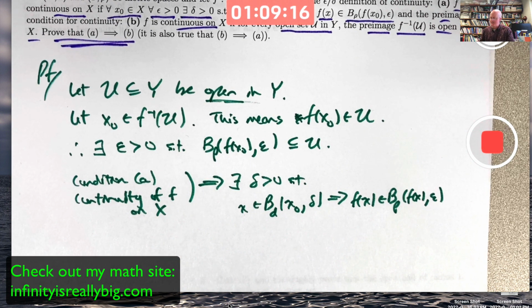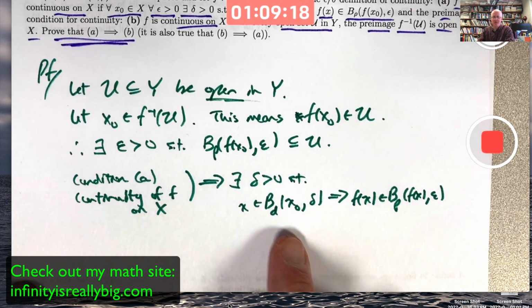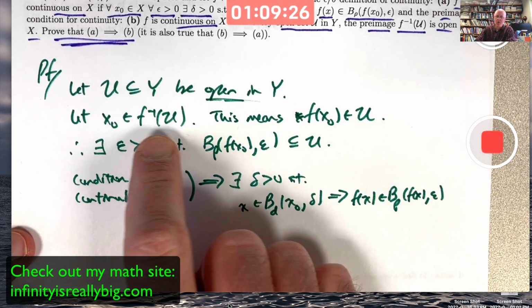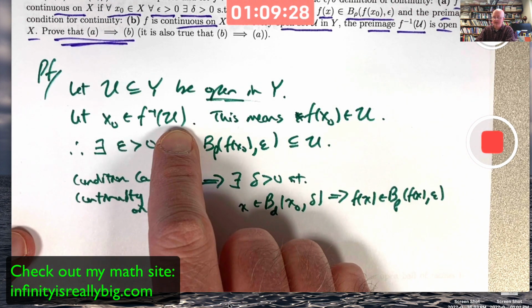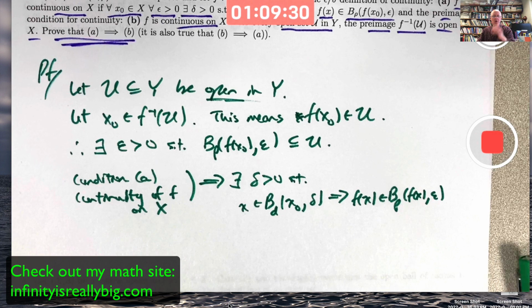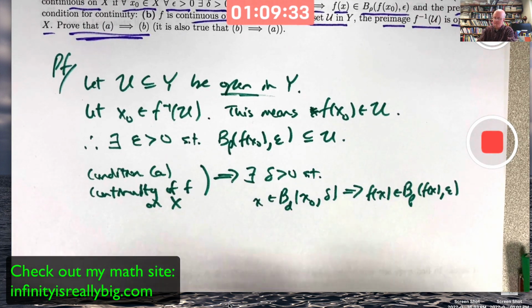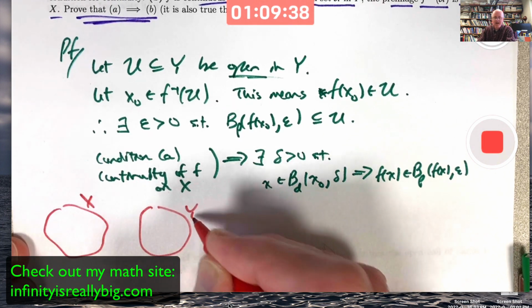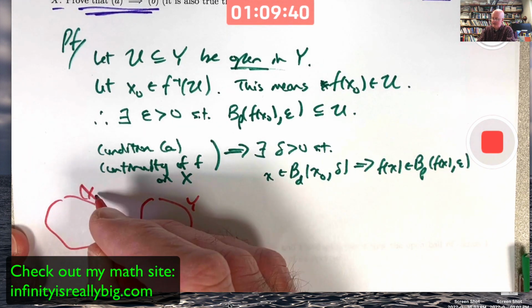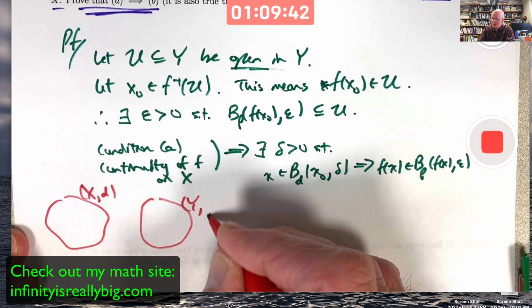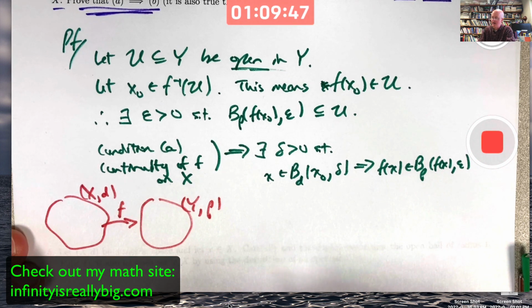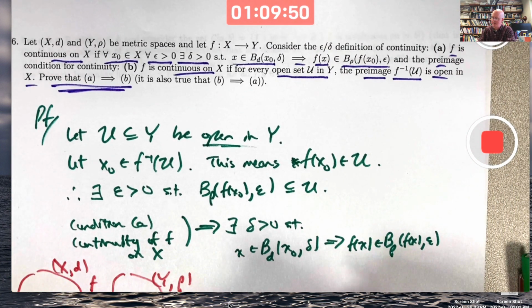Well, what do we think is going to happen? I hope it's intuitive that delta is going to be the radius of the ball that we need to show is going to be a subset of this thing. Drawing a picture might be helpful. There's X. There's Y. X has metric d. Y has metric rho. f is a continuous map from X to Y under the epsilon delta definition of continuity.